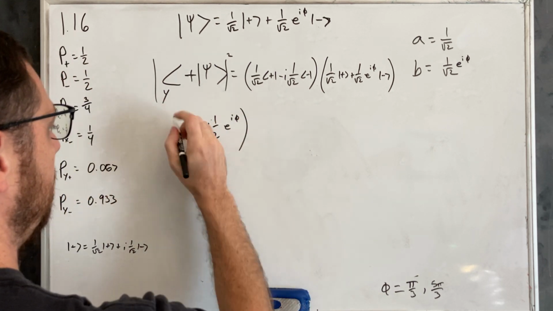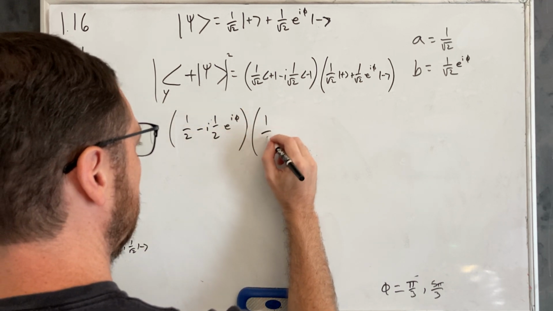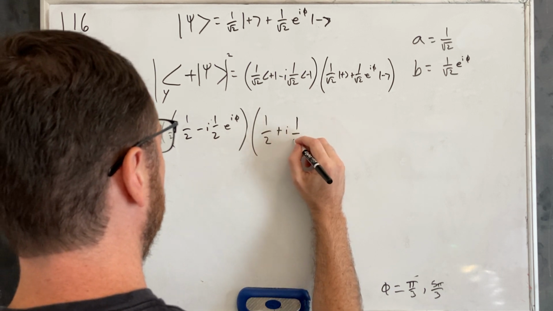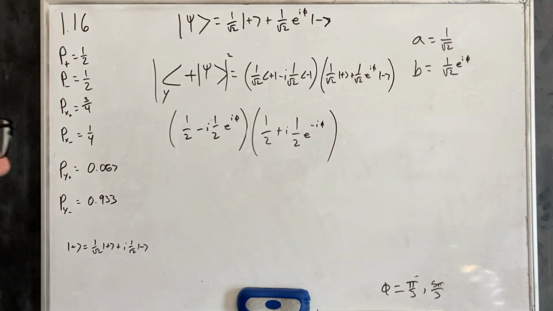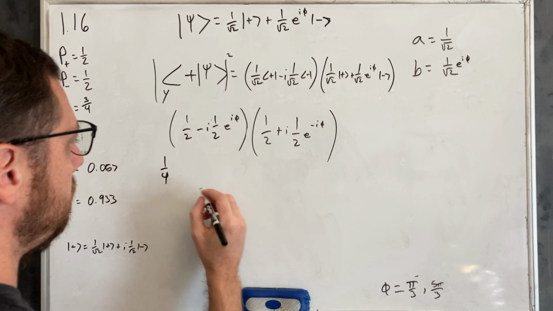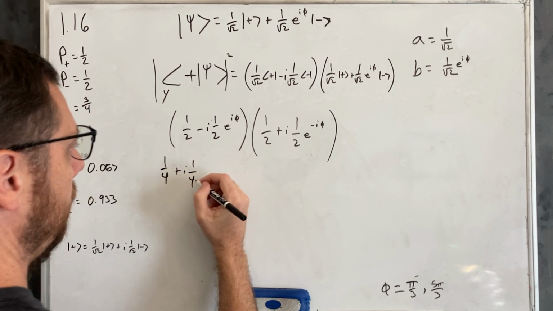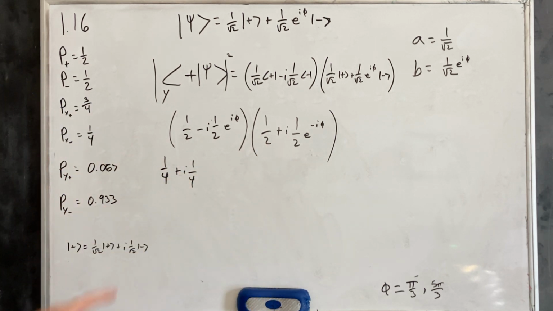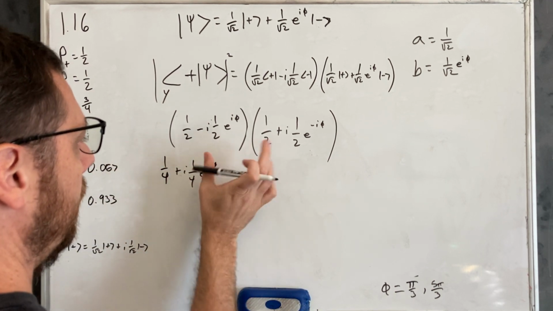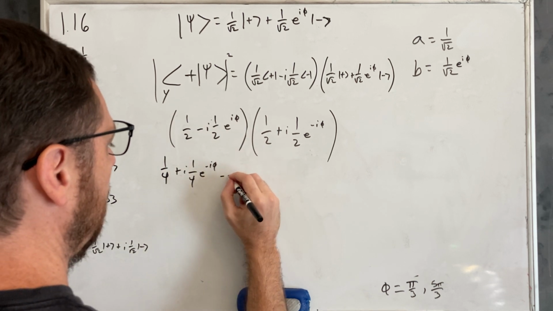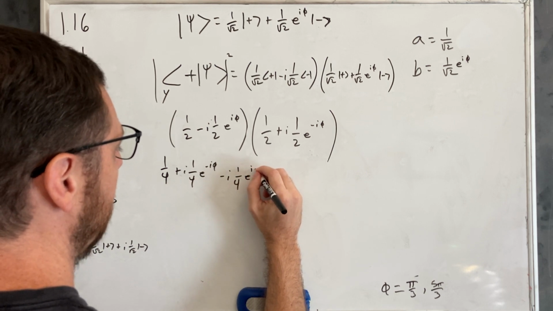Okay, and we'll square this, and we need our complex conjugates, so 1/2 plus i 1/2 e to the negative i phi. Okay, and so we'll have 1/4 plus i 1/4 e to the negative i phi minus i 1/4 e to the positive i phi.